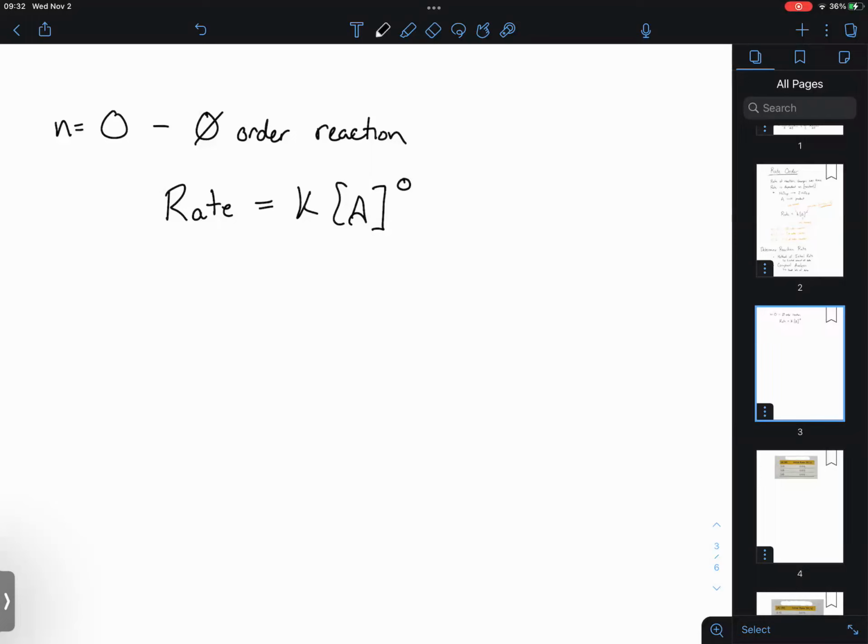Let's make this an iClicker for the sake of getting our attendance in. What is this equation going to simplify to when I replace n with 0?